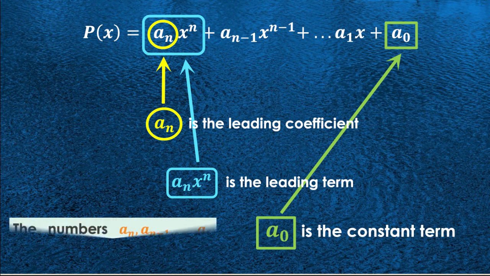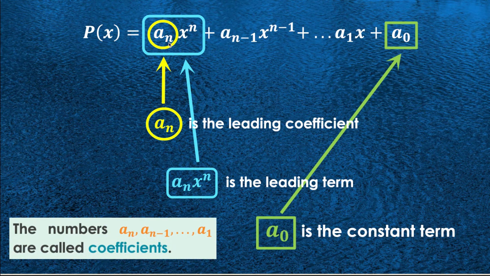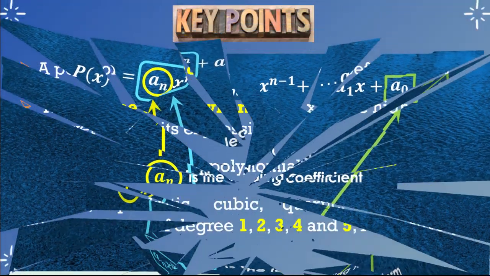And these numbers, a sub n minus 1, so on and so forth, up to a sub 1 are called coefficients. Now let's take a look at some more key points.